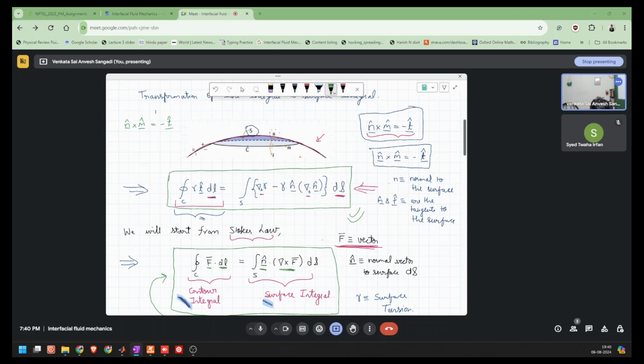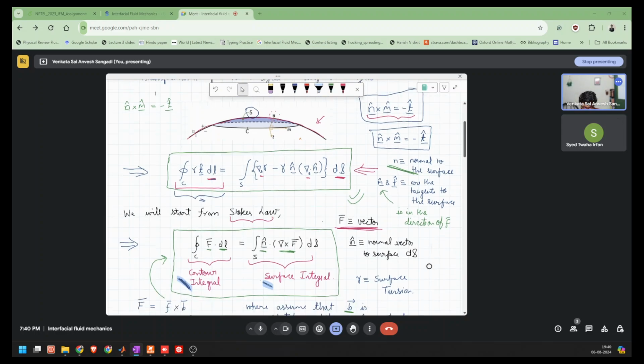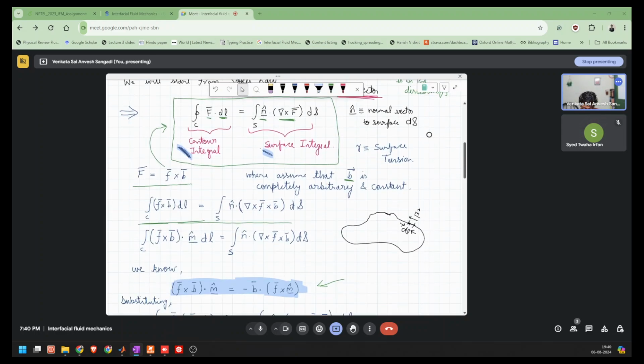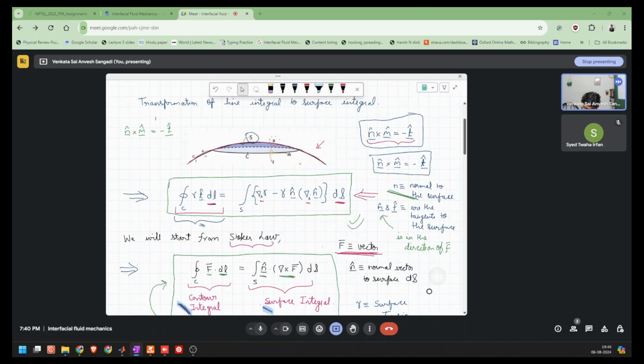Here again n is normal to the surface, and m cap and t cap are both tangents to the surface, where m is in the direction of the vector f. So I'm basically trying to get this form.